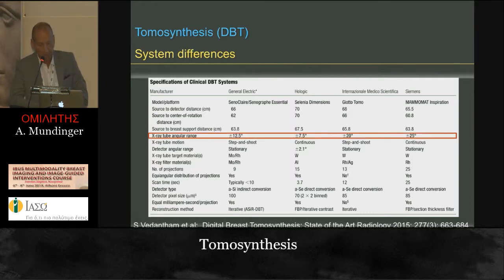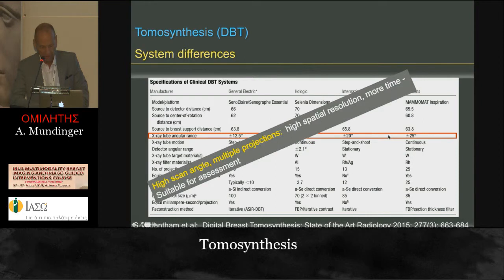but let me focus on something that's very important to understand the impact of projections and of angular ranges. And you see there's a broad range. The higher the scan angle is, and the more projections, this means the more slices you finally generate, the higher the spatial resolution will be, but the more time it will take.